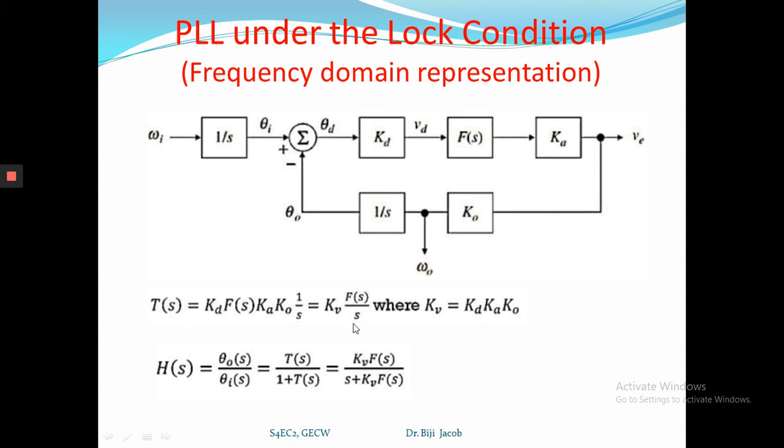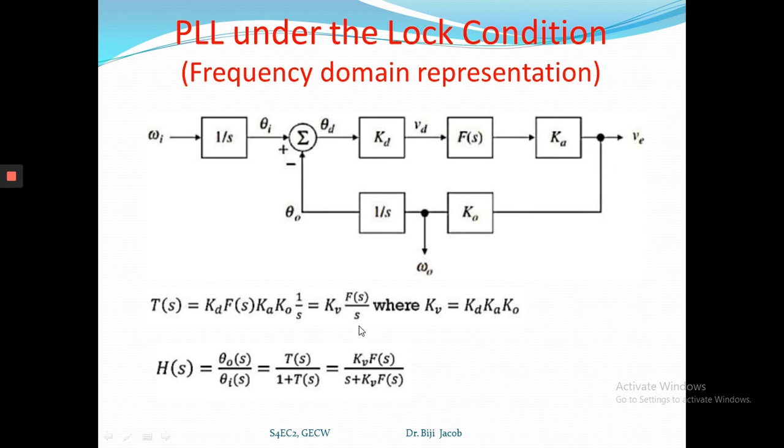Okay, so you have got three constants: the phase detector gain, the amplifier gain, and the sensitivity of the VCO. These three constants can be combined into a single constant Kv.